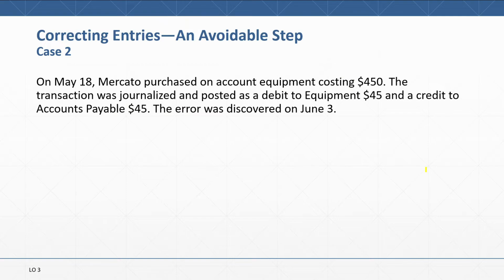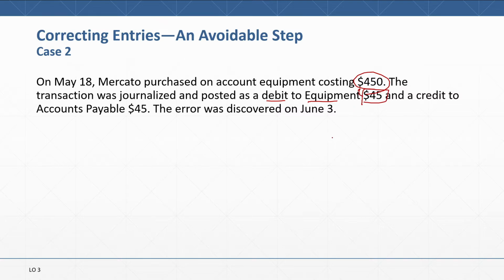So let's read this transaction together and see what is wrong here. On May 18th, the company purchased on account equipment costing $450. The transaction was journalized and posted to the ledger as a debit to equipment. So far, so good. But the amount is $45, which is not correct.